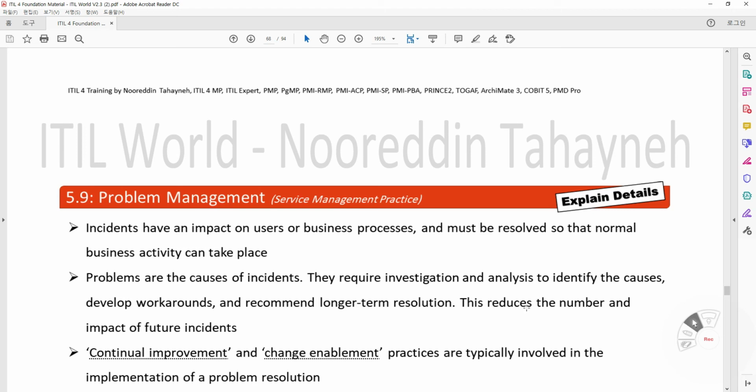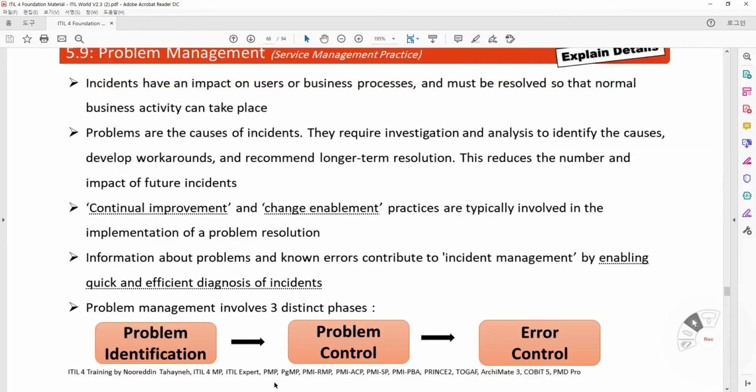This reduces the number and impact of future incidents. Continual improvement and change enablement practices are typically involved in the implementation of the problem resolution. Information about problems and known errors contributes to incident management by enabling quick and efficient diagnosis of incidents. Problem management involves three distinct phases: problem identification, problem control, and error control.